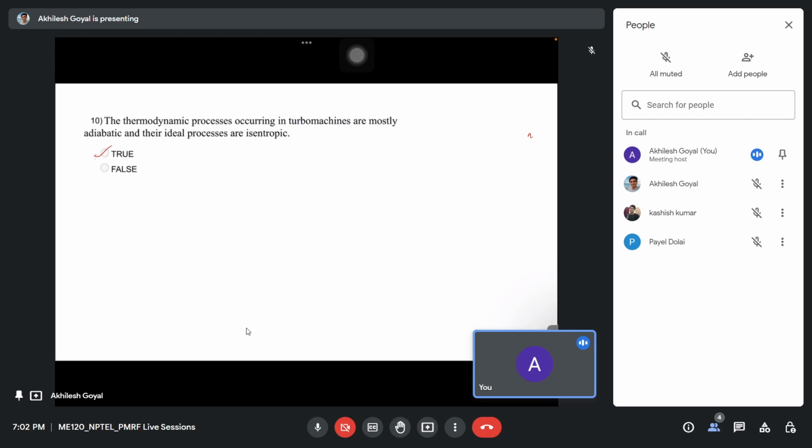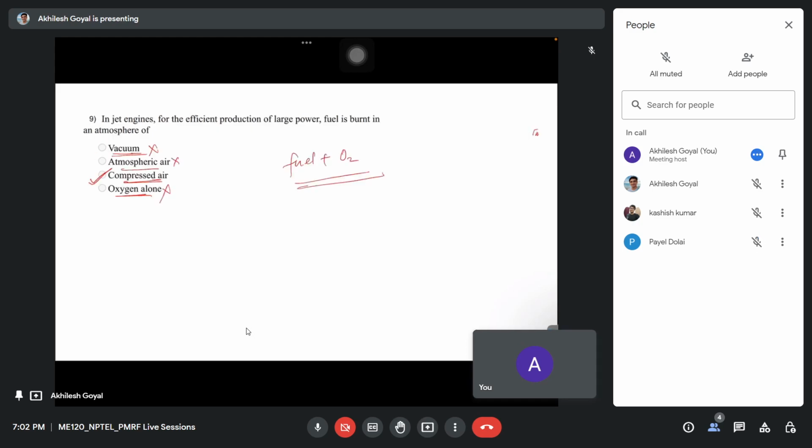I would suggest you google four types of engines: turbojet, turbofan, turboprop, and ramjet. Once you google the four types of engines, you will get to know the main differences between them.